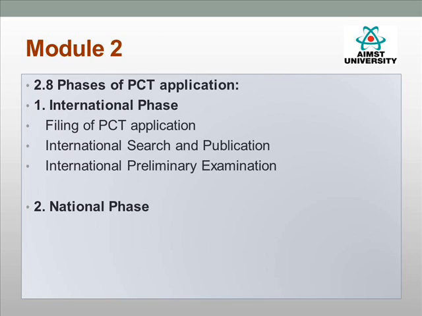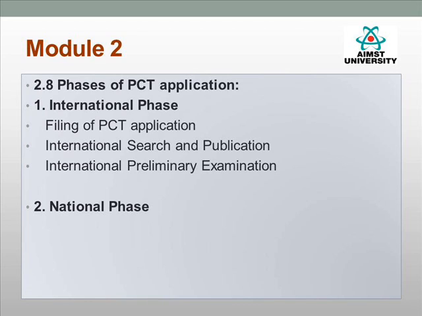No official request for search need be made, as the search will be conducted as a matter of course. After 18 months from the priority date or the international filing date, whichever is the earlier, the PCT application together with the international search report is published.